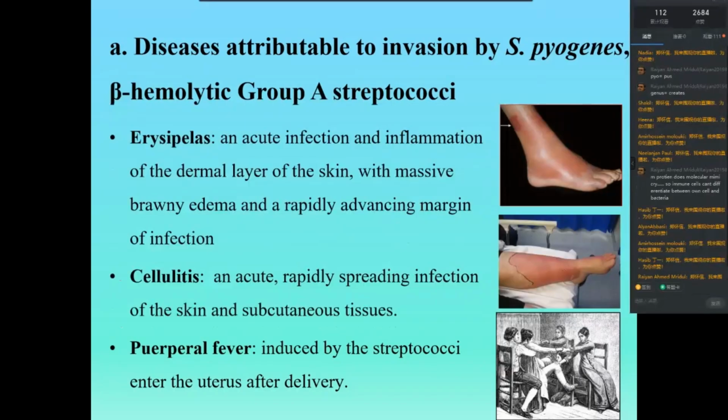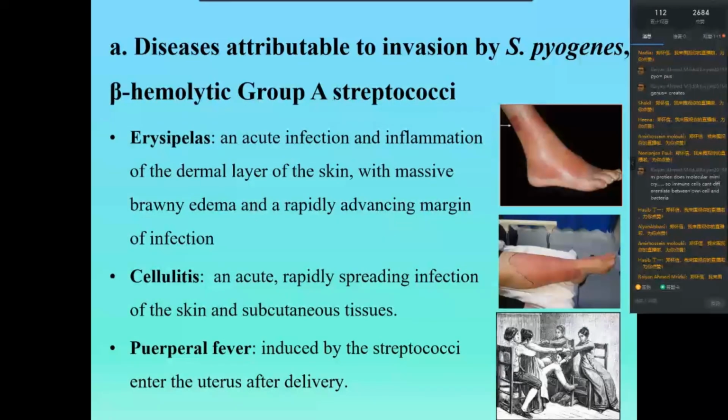Okay, the last one is the post-infection disease, the post-streptococcal disease. This is because the Streptococcus pathogen somehow evolved some epitopes which are similar to human epitopes.